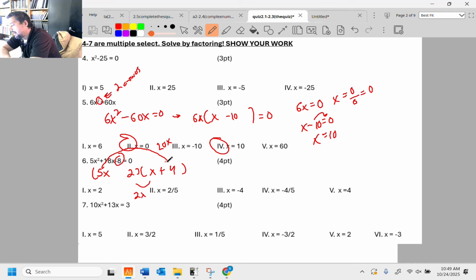Now, if I add 20 and take away 2, I get the positive 18 in the middle. So there's the complete factorization. Now we're going to hit it with the ZPP, zero product property. 5x minus 2 is 0, or x plus 4 is 0.